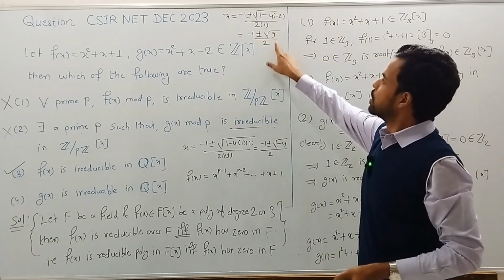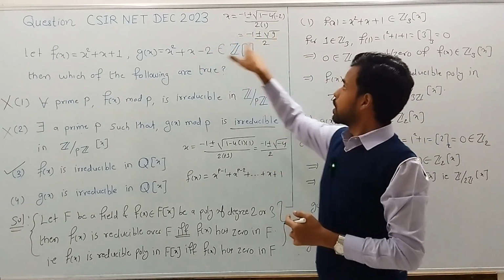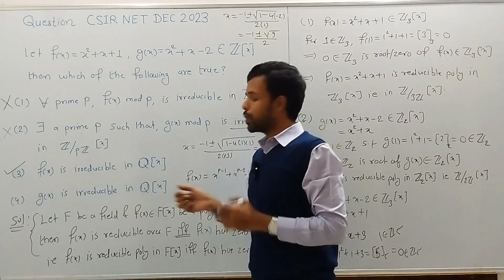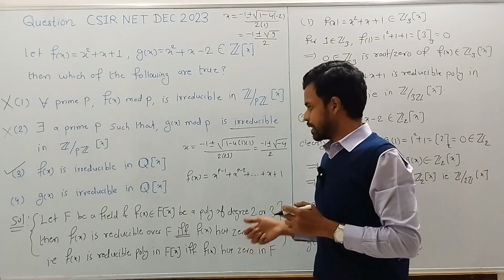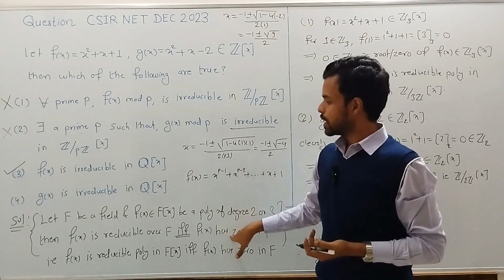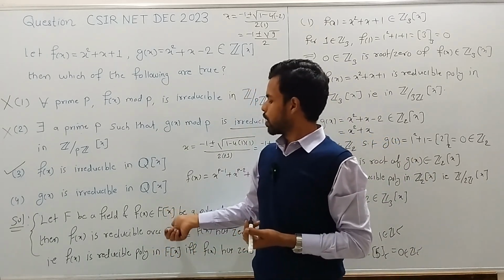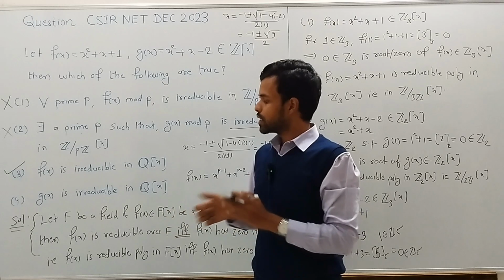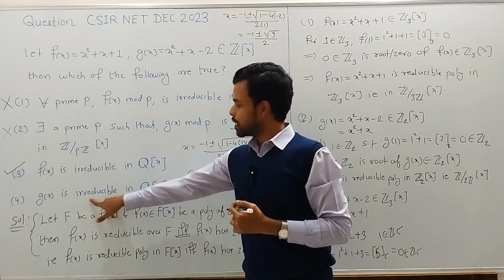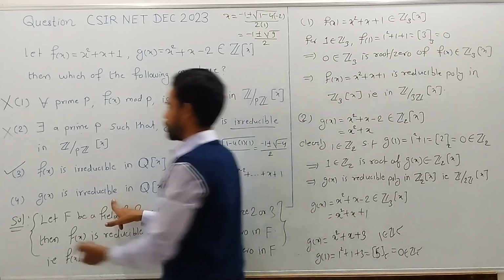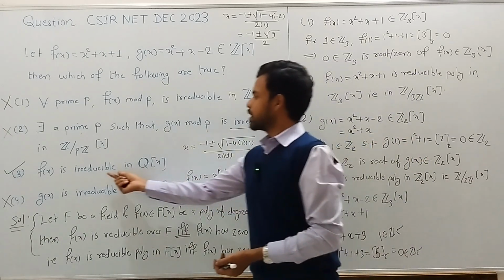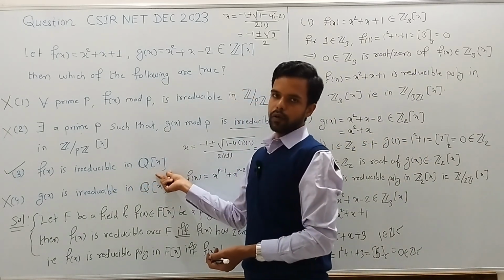So there are two roots, and they are rational. So g of x has a root in Q. By the reducibility test for polynomials of degree 2 or 3, g of x is a reducible polynomial in Q of x. But the option said that it is irreducible, so the option is wrong. So the only correct option is that f of x is an irreducible polynomial in Q of x.